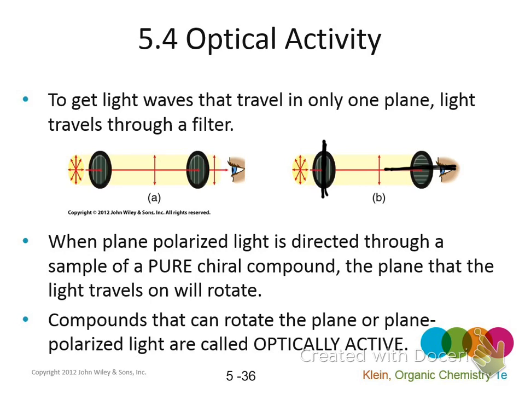So now you see a little bit of brightness. To figure out how far the light's rotated, you just rotate the back lens or the front lens, but usually we rotate the back lens because it's in front of your eye. You rotate the back lens, the one in front of your eye, until it gets completely black again. And then you measure the number of degrees that the light is rotated. So imagine you're looking at it like this.